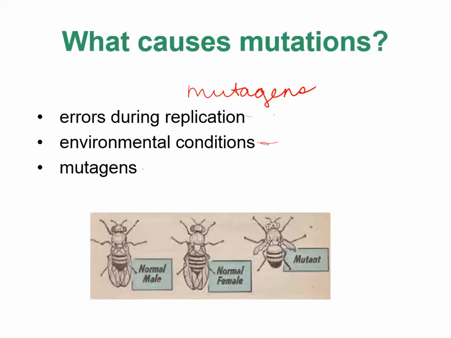Here I gave you a picture of fruit flies, and we had a normal male and a normal female, and then their offspring was a mutant. And if you look, it's kind of like a mixture of the two. The eyes are a different color. The abdominal area is a little bit different.